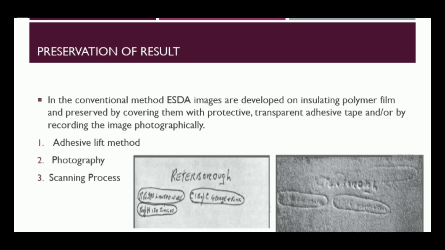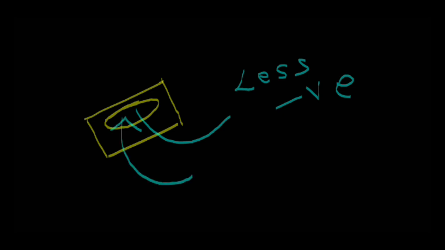The ESDA uses the principle that the indentation area is the area where the negativity is comparatively less compared to the rest of the paper. Imagine this is the indented surface, and the paper is made up of fibers, so the fibers are distorted here, meaning this area is going to be less negative compared to the rest of the area. As per the law of attraction, negative attracts positive, positive attracts negative.